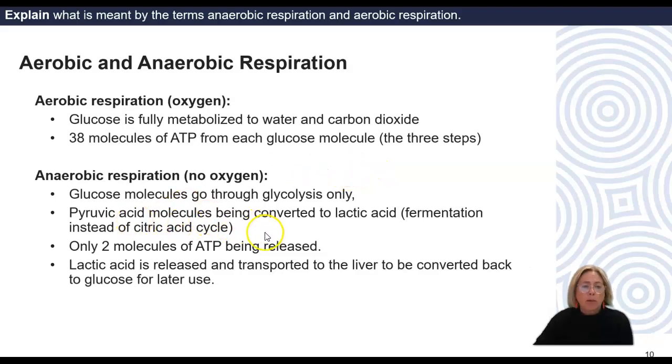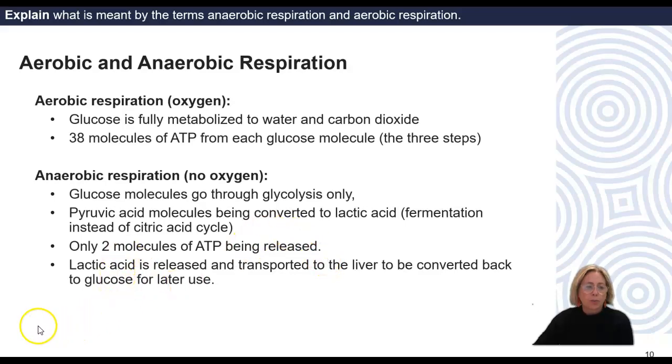Pyruvic acid molecules are converted to lactic acid, fermentation, instead of going through the citric acid cycle, and only 2 molecules of ATP are released from that process. And the lactic acid then is released, and it's transported back to the liver to be converted back to glucose for later use.